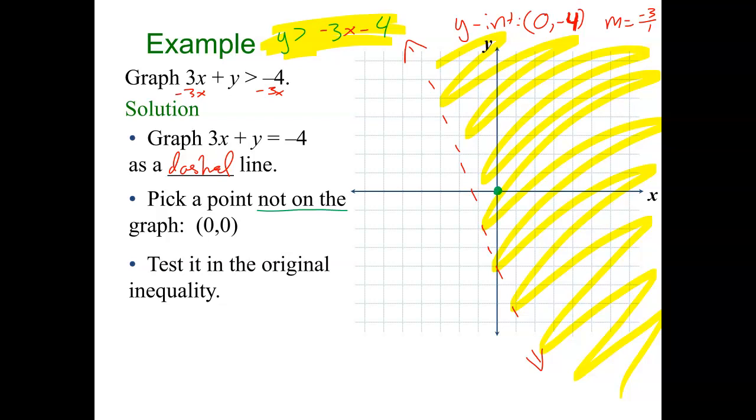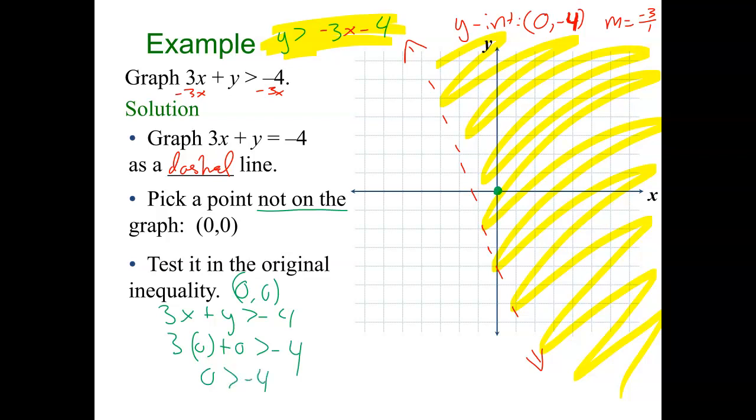So if all of these points are my solution, everything in that shaded area is going to make this inequality true, then that means the point (0, 0) will make this inequality true. To check it, I'm going to take the point (0, 0) and substitute it into my original inequality. 3 times 0 plus 0 should be greater than negative 4. 0 is greater than negative 4.